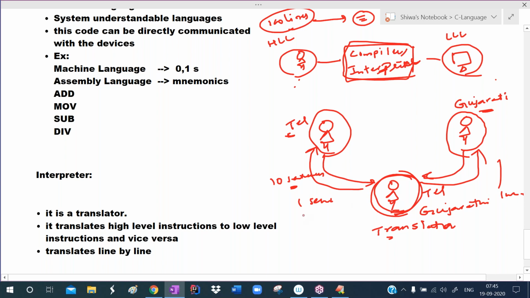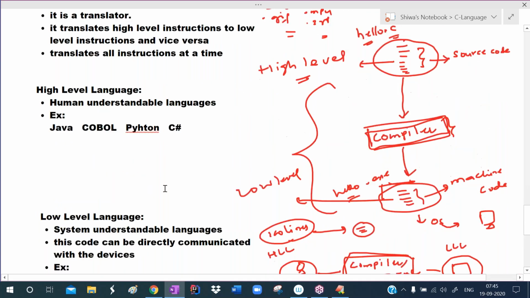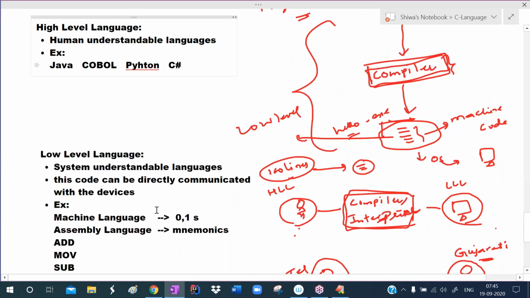Next, the Telugu person says another sentence, and he translates that into Gujarati. Like this, sentence by sentence is translated, just like an interpreter. Or if this person talks 10 sentences at a time, and he listens to those 10 sentences and translates them at a time, that is a compiler. So compiler translates all instructions at a time. Interpreter translates line by line.